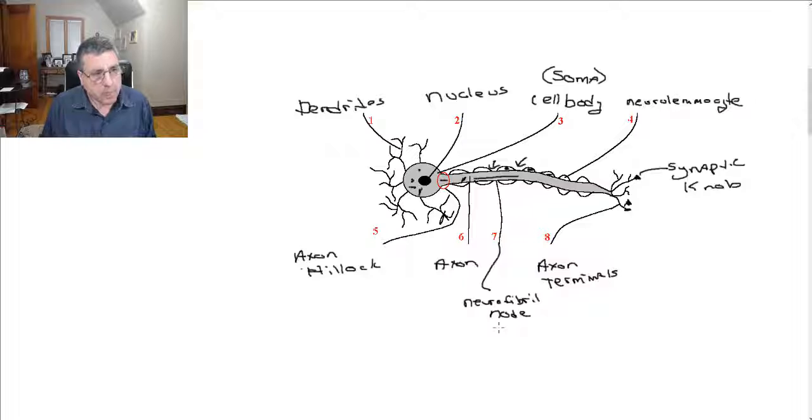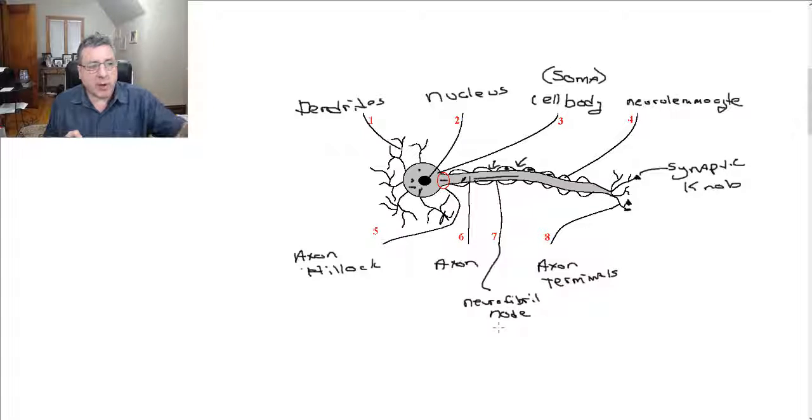So what we have on here, basically, we have the dendrites, which receive the input and send that input towards the cell body. The cell body then sends it to the axon hillock. When we talk about an action potential, that's going to originate at the axon hillock. Before that, it's going to be called a graded potential.